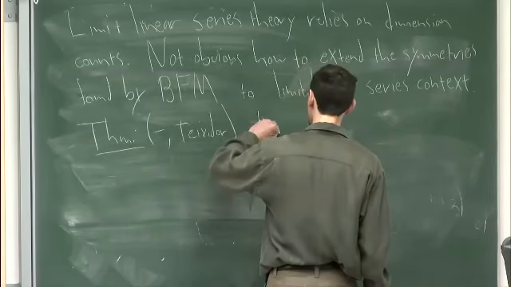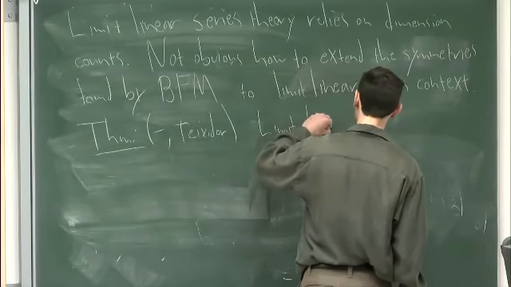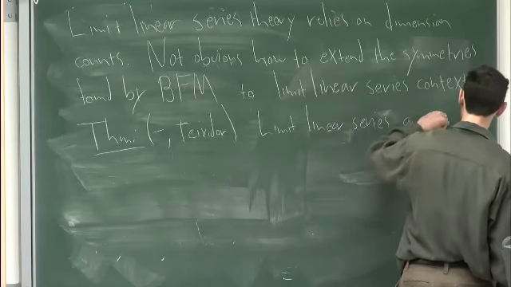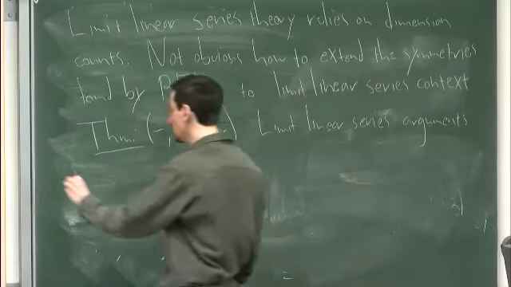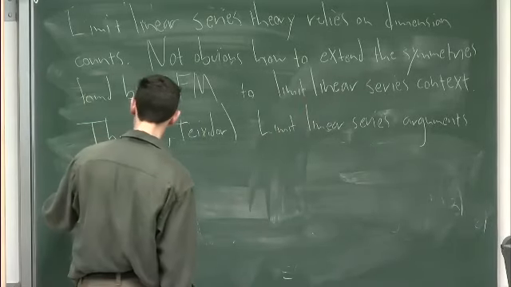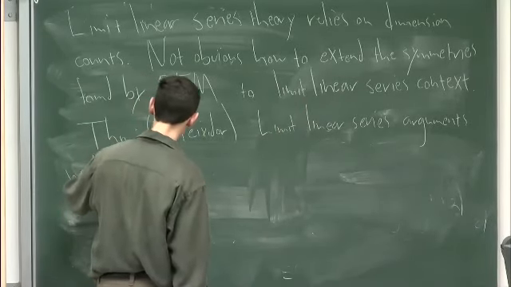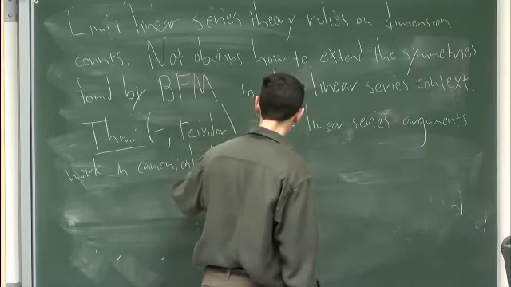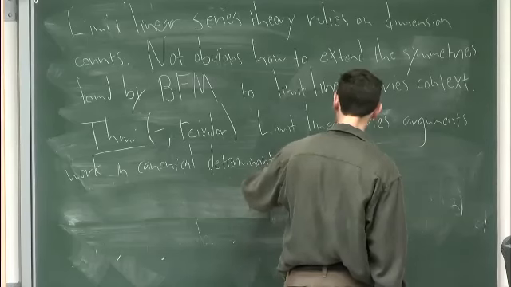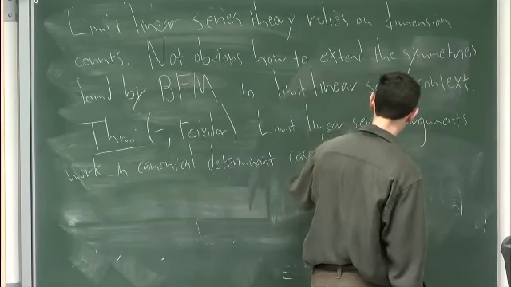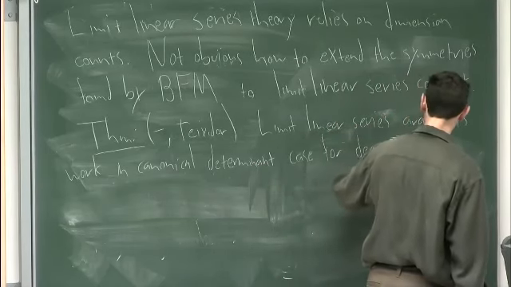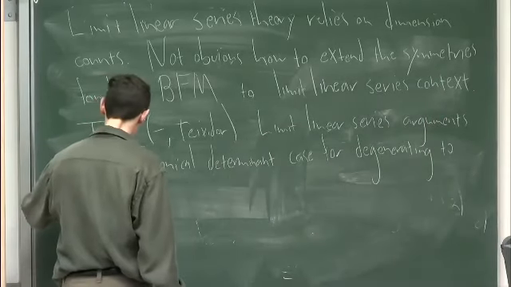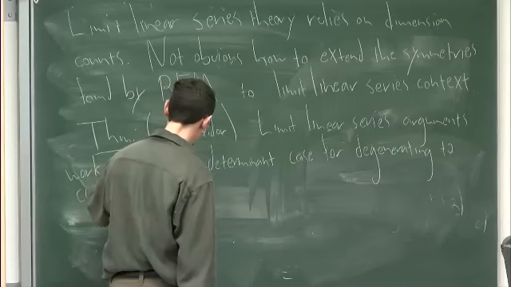So limit linear series arguments work in the canonical determinant case for degenerating to curves with two components glued at a single node.